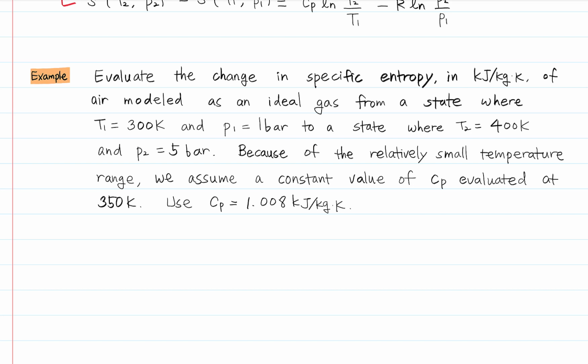So since Cp is constant, S2 minus S1 is Cp natural log T2 over T1 minus R natural log P2 over P1.